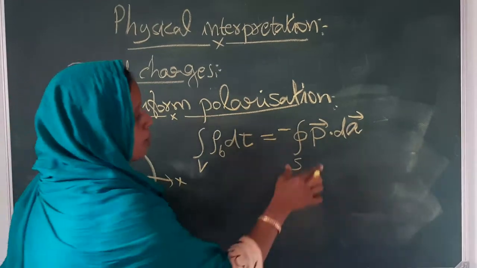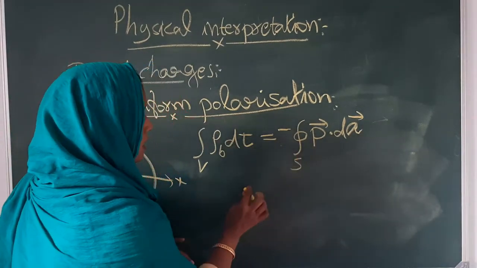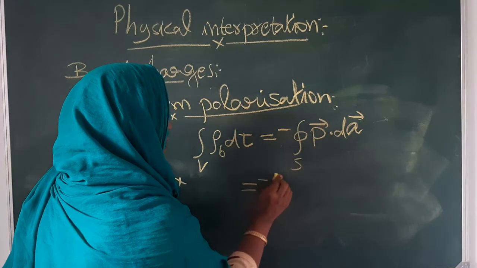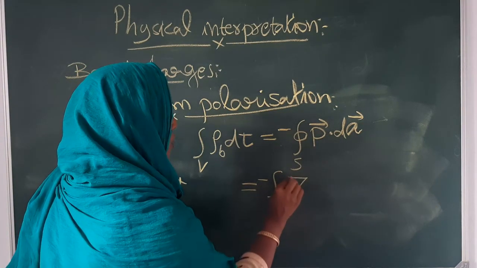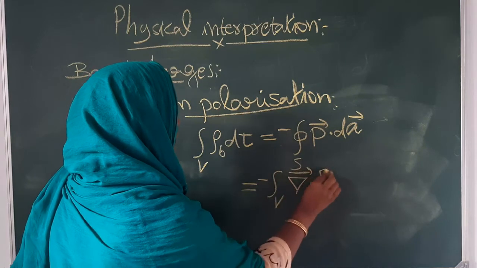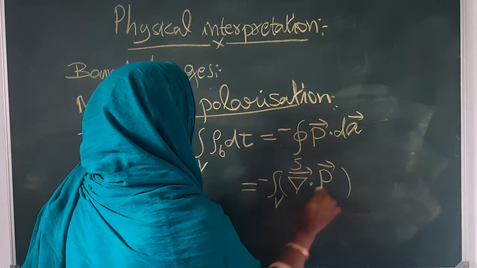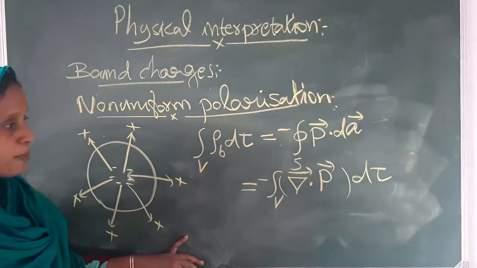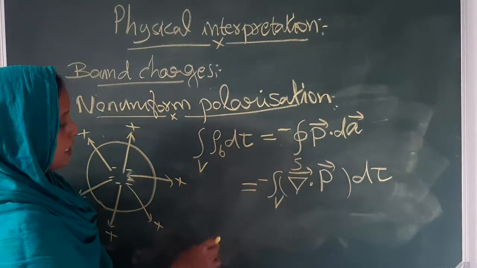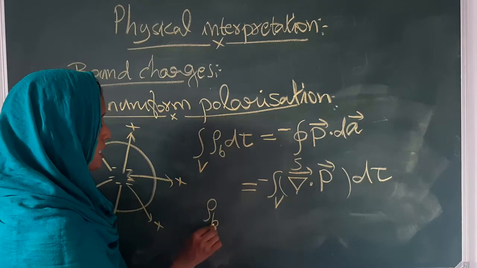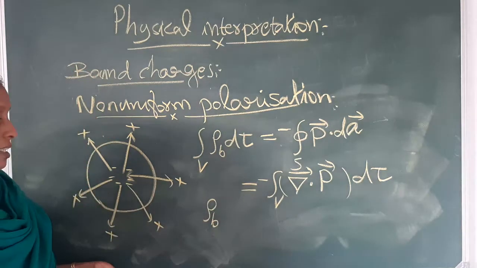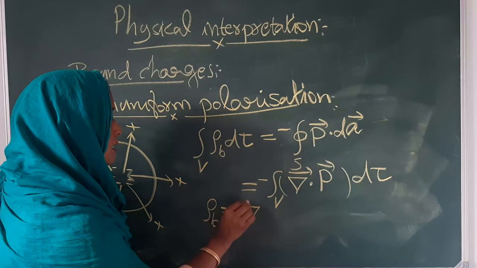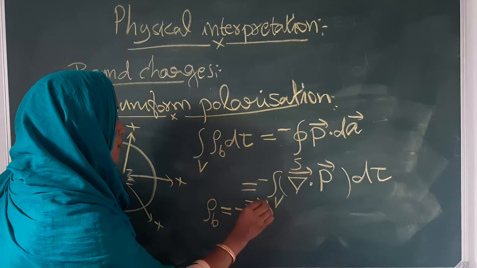Now you can apply the Gauss divergence theorem here, and you can see that this is equal to minus the volume integral of del dot P d tau. That means the volume bound charge density rho_b is equal to minus del dot P.